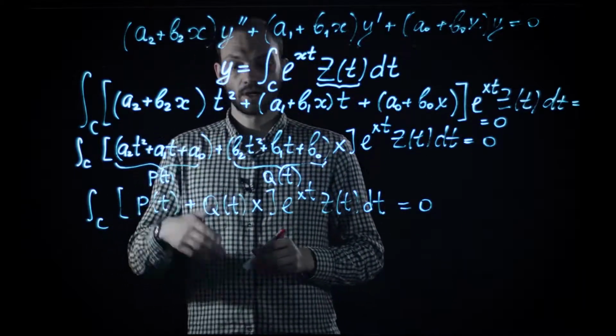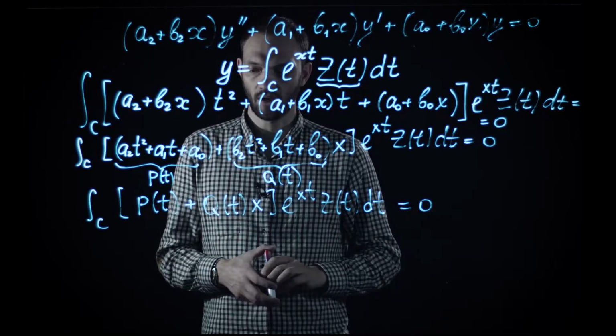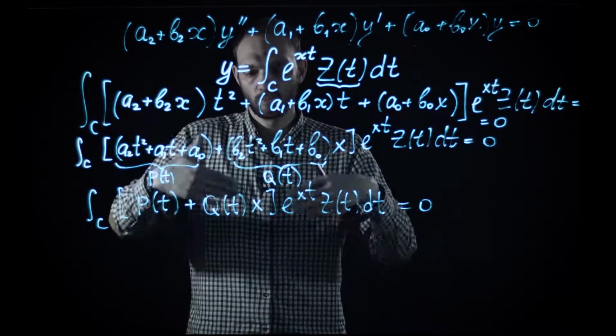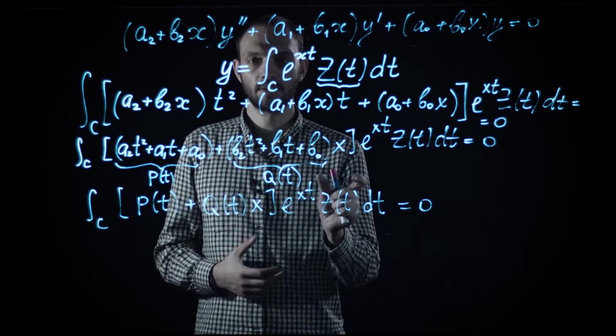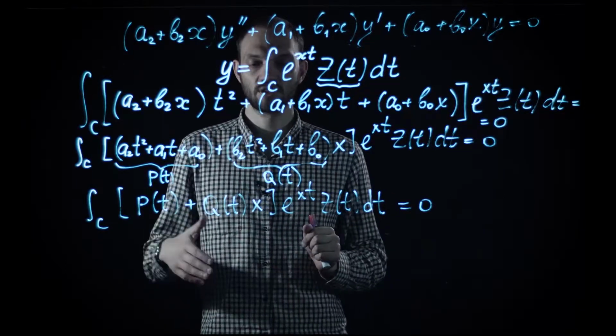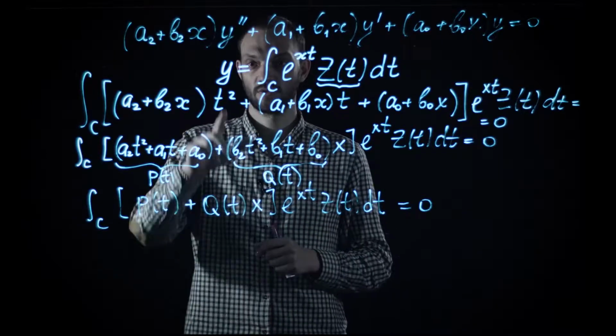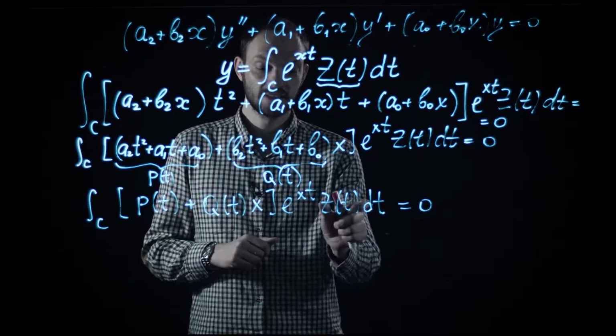So now we are going to simplify our life. In the end, the only independent function in this solution, which actually is some other representation of the unknown function y, is z of t.